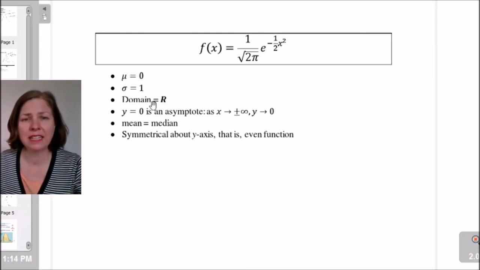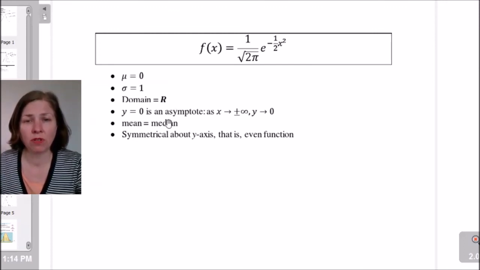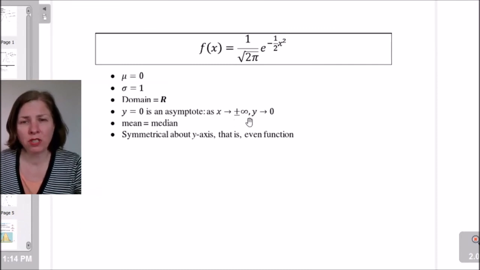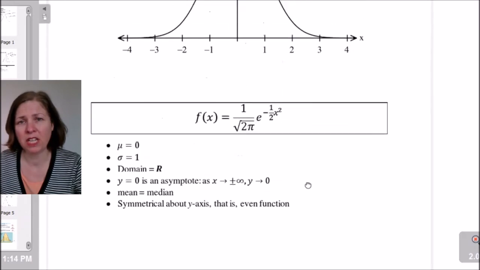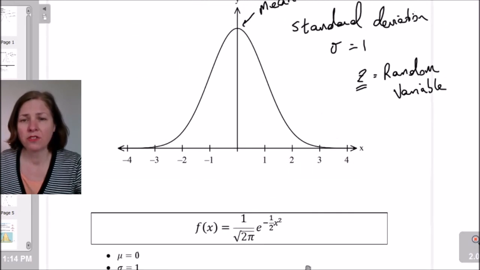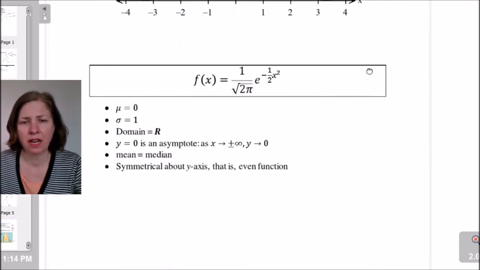So the domain is, we've already looked at mean and standard deviation. The domain is the reals and it's got an asymptote at y equals 0. So that means as x approaches positive infinity, y equals 0, and as x approaches negative infinity, y equals 0. So the further away we get on either side from the mean, the less likely those outcomes are.